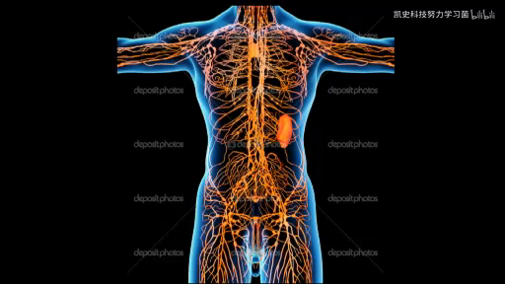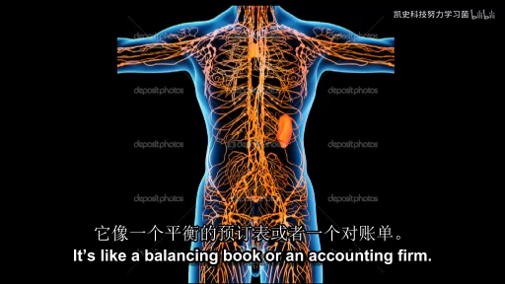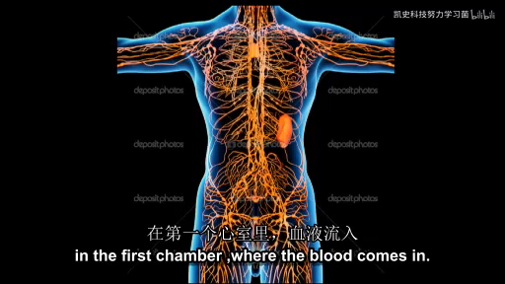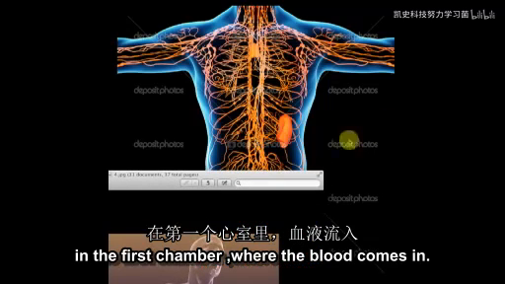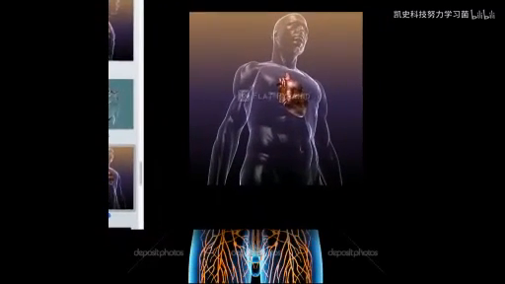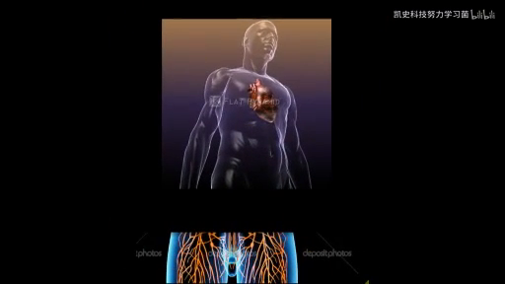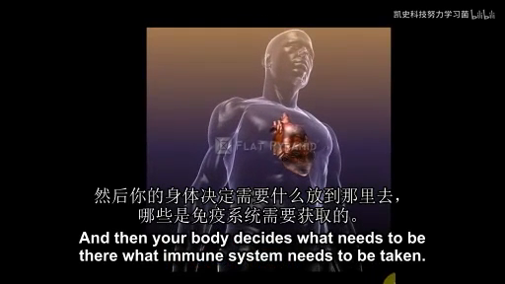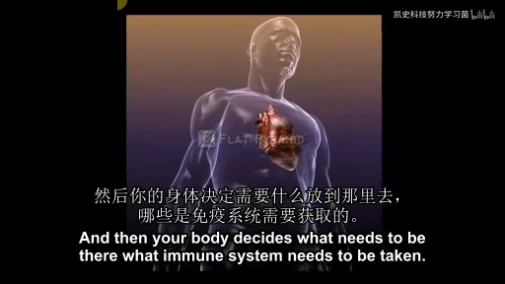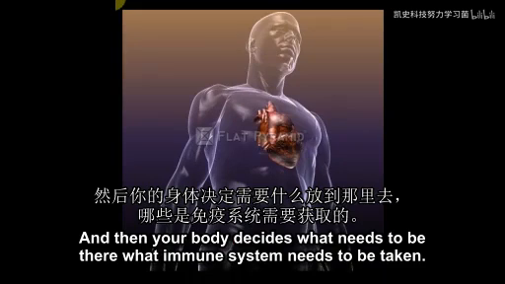Because it decides what is needed, what is short of when it goes in, it is a balancing book. It's an accountancy firm in the first chamber where the blood comes in. And then everything goes flat and it goes back onto delivery where it needs to be done. And then your body decides what lymph has to be there, and what blood has to be there, and what immune system needs to be taken.